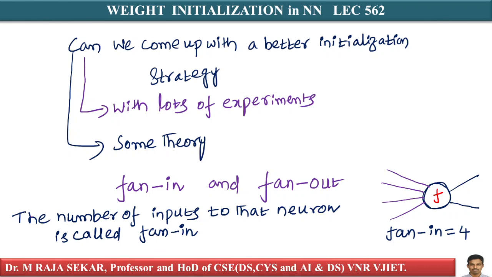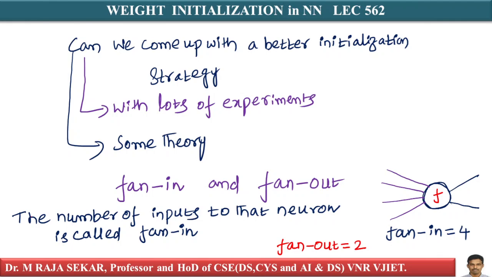For this given neuron, your fan in is equal to 4 because it has 4 inputs coming into your activation unit. The fan out for this is 2, isn't it? So what is fan in?